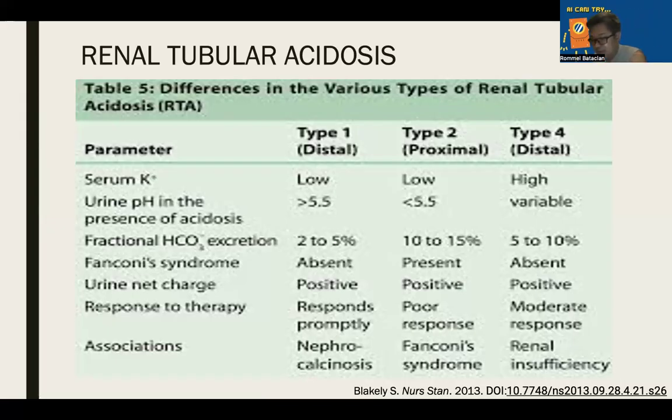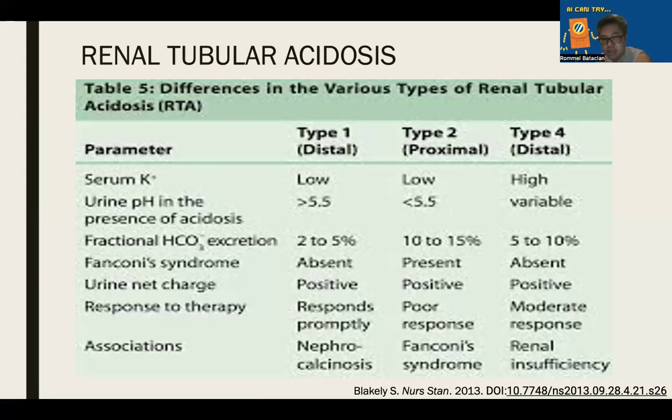The last one would be the hyperkalemic RTA, in which the primary pathologic abnormality is there is deficiency of the aldosterone or there is a resistance to the hormone, which reduces the ammonium excretion, and therefore leads to the impaired secretion of the hydrogen ion and potassium as well.